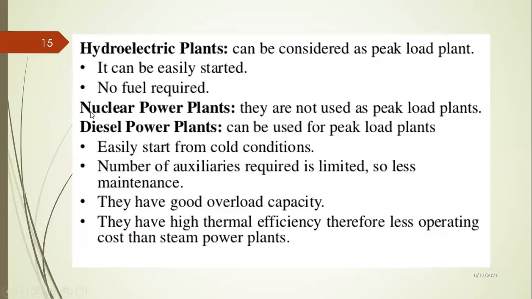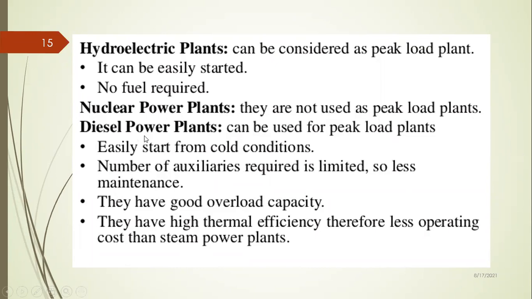And next is the nuclear power plants. They are not used as peak load plants because it takes time to start up. It takes time to heat up. So this is the main reason that nuclear power plants are not used for the peak load. Next is the diesel power plants.